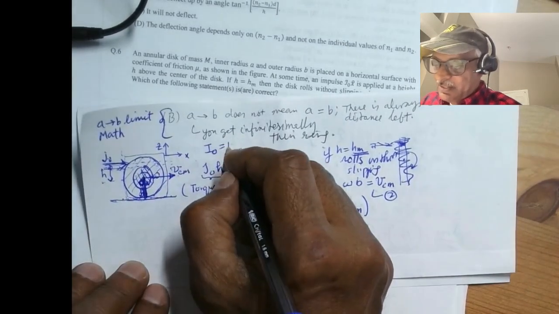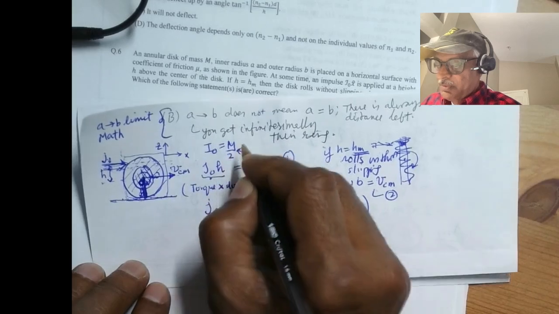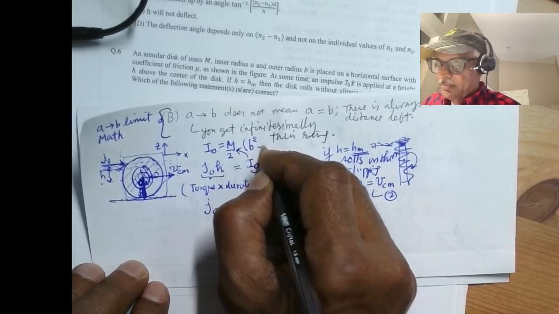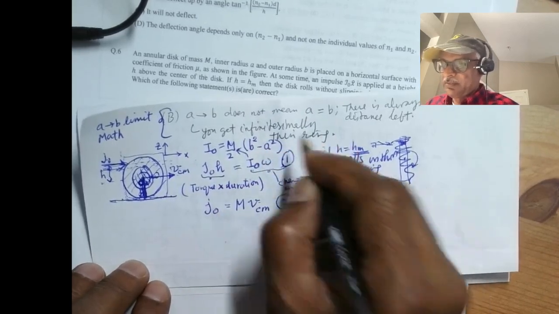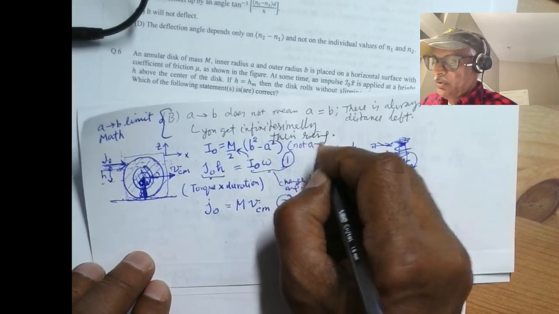That's going to be m over 2 times b square minus a square. Not when A goes to B.